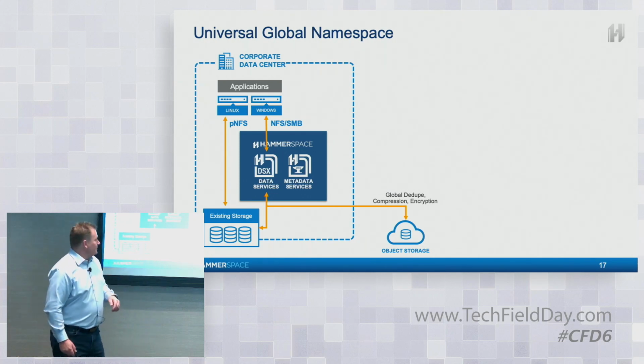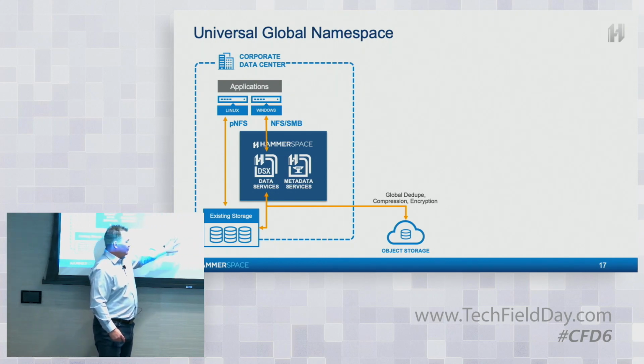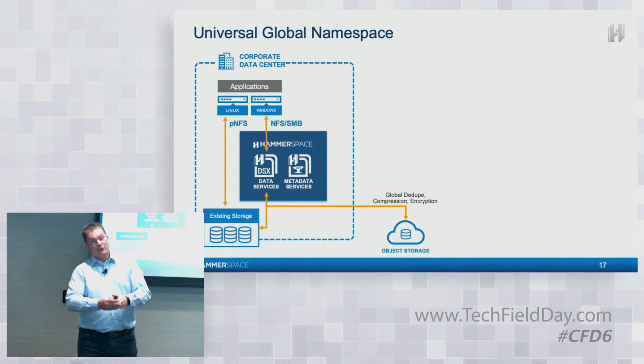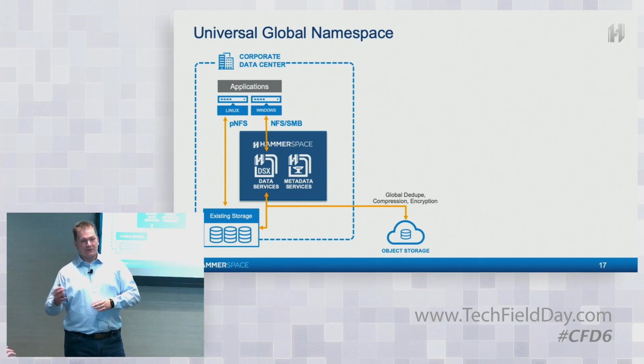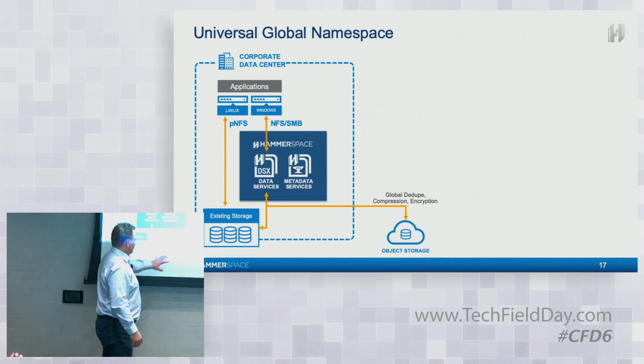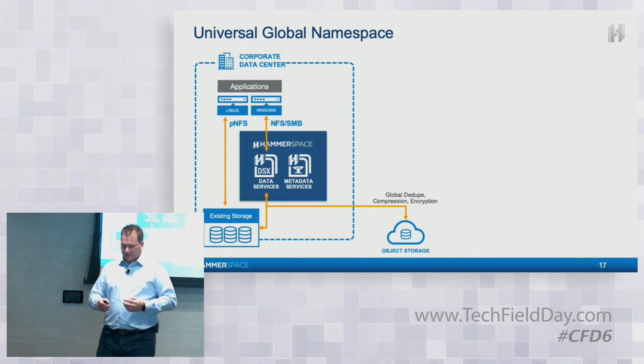Fantastic. The other piece we implemented along the way is the fact that we want to also make data not only optimized as it moves into object, and we use object as a transport between sites for data payloads. We're not dependent on object in any way except moving data between sites. You can have a site with all NAS storage, all block storage, and object is just an intermediary when you move data across sites.